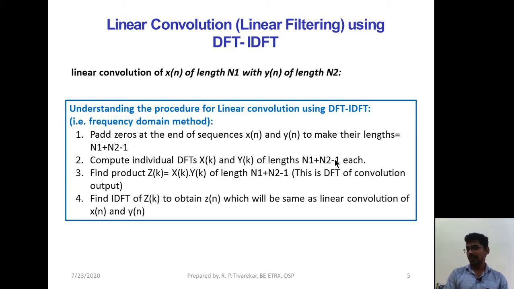This will again have length N1 plus N2 minus 1, and this is the DFT of the convolution result. That Z(k) is actually the DFT of the linear convolution that we intend to find. So we compute the IDFT of that Z(k), which will again have N1 plus N2 minus 1 samples, and that IDFT is nothing but the linear convolution result.